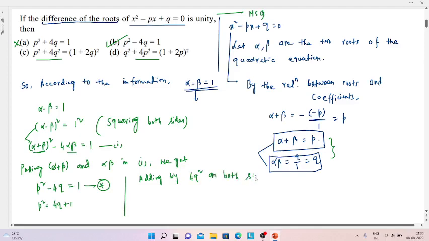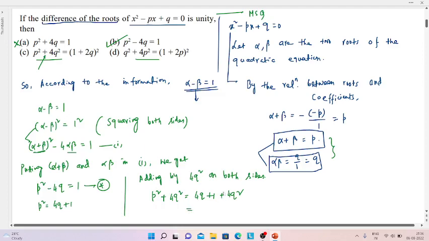We are just adding 4q square on both sides. So then we will get p square plus 4q square definitely equals to 4q plus 1, plus 4q square. I'm just trying to make the left hand side, right? And you can see that p square plus 4q square equals to this.